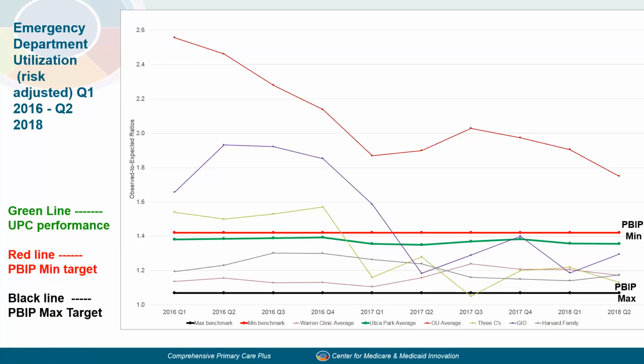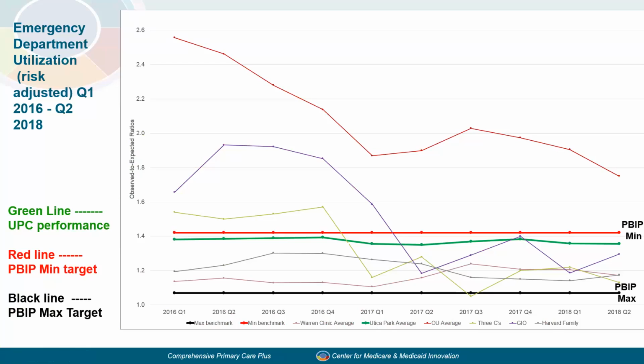Each clinic receives $2 per member per month for a utilization metric, and we get to keep that if we do well. If we don't do well, we get to pay it back. And at the end of 2016, we had to pay back most of the utilization component to this metric. We got to keep very few dollars.